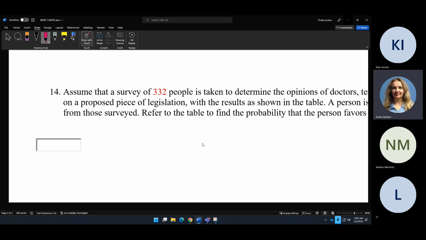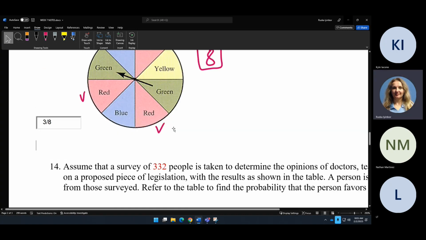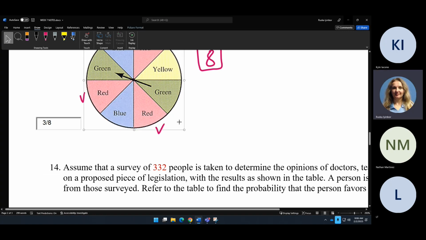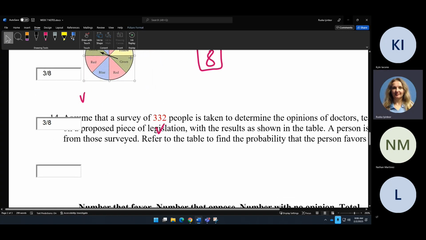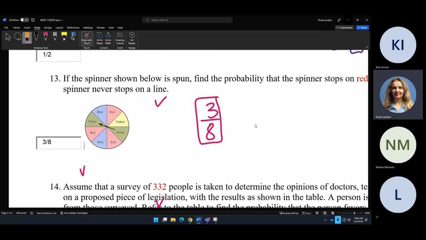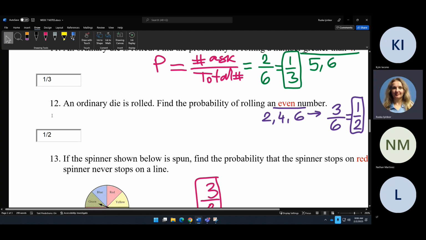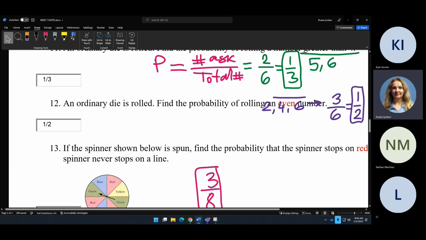Next one is 14. And 14 is kind of a statistics question here. And what you have is, I'm going to make this smaller. I just want to put it in the same page.